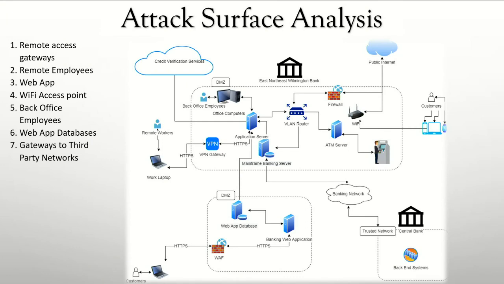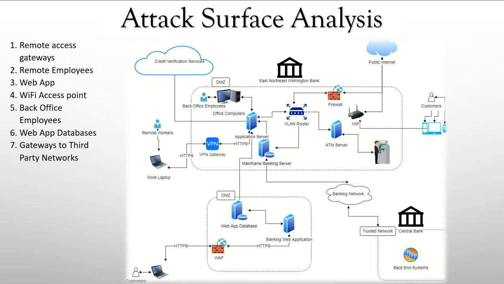So now we're gonna do attack surface analysis. It's kind of hard to see what's going on up here, but as you can see, we have a bank, we have our internal application system, we have our ATM server, and a VLAN router, which segments the internal network.